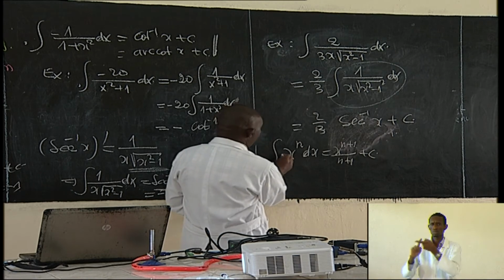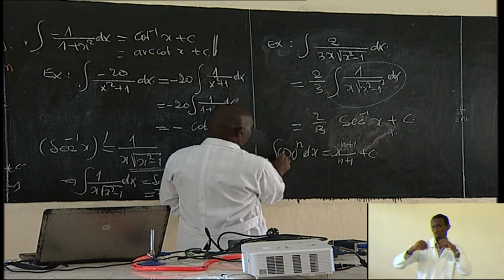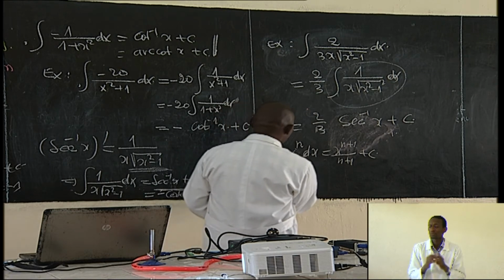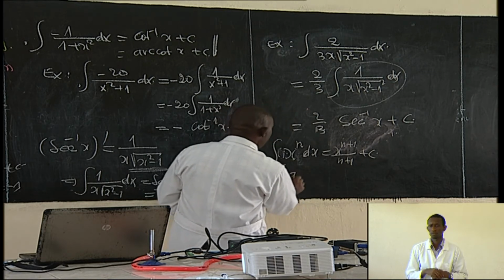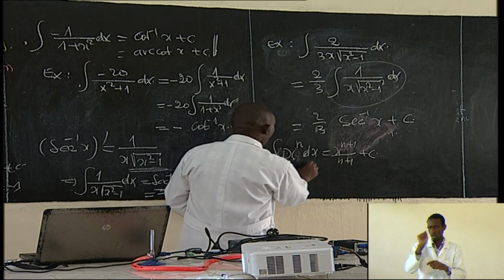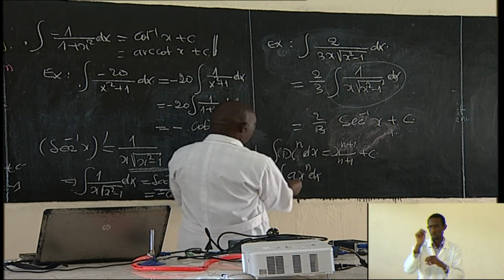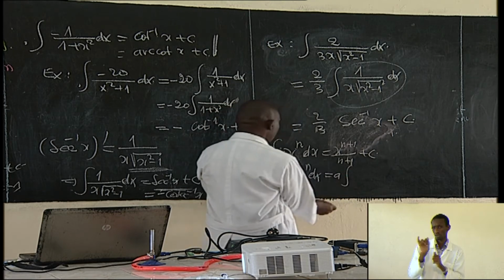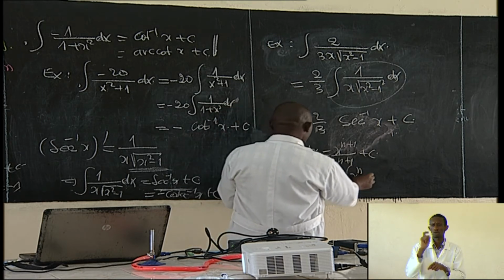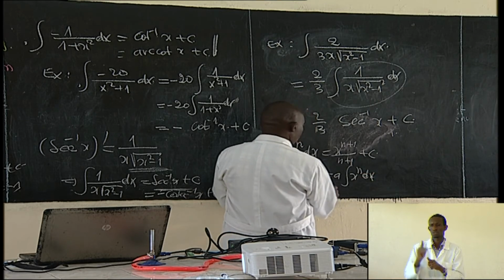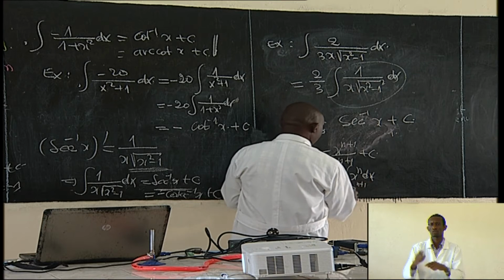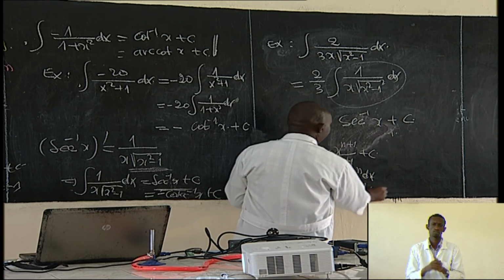Here I can even put 1, there is no problem. In the case I have the integral of a x power n dx, where a is a constant, I'll be having a times the integral of x power n dx, which is equal to a times x power n plus 1 divided by n plus 1, then plus c.